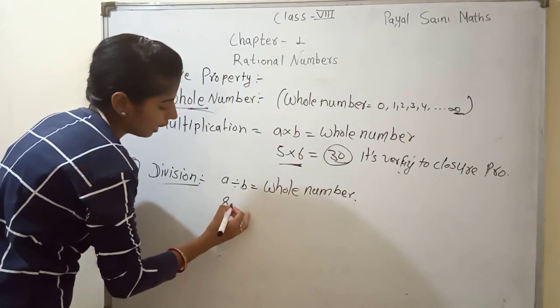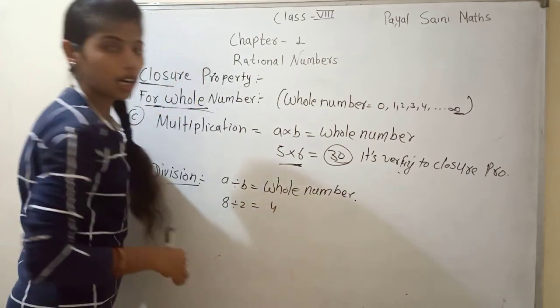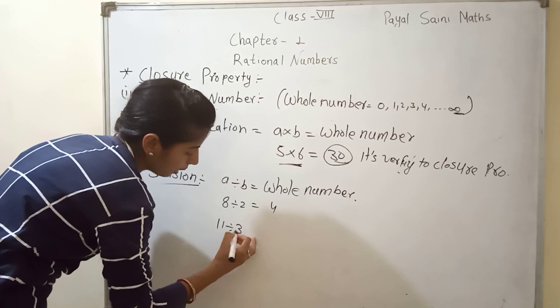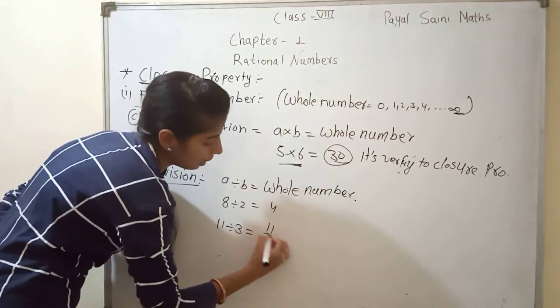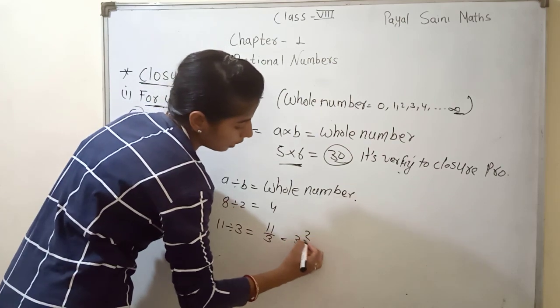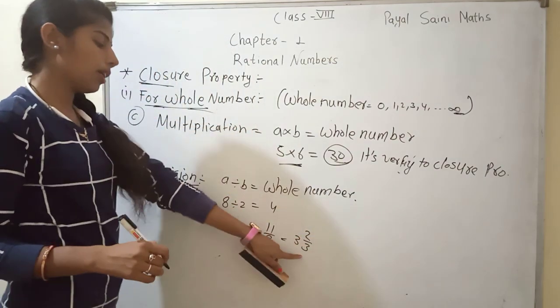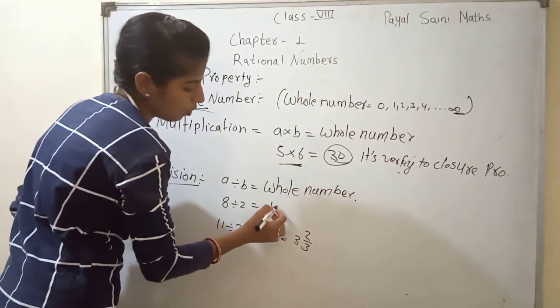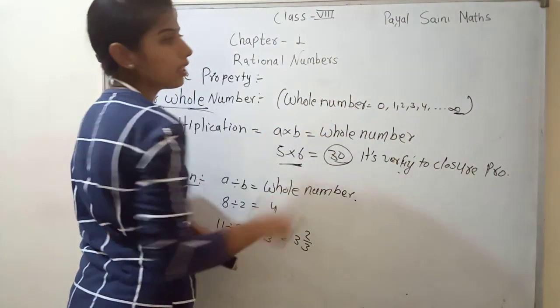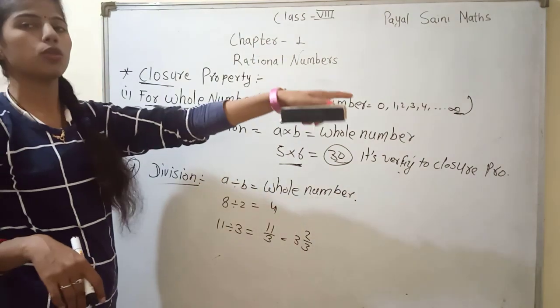If I write 8 divided by 2, your answer is 4. If I write 11 divided by 3, what is our answer? 11 by 3 is 3 and 2 by 3. It does not come in whole numbers. Whole numbers are only 0, 1, 2, 3, 4, not the numbers between 0 and 1.